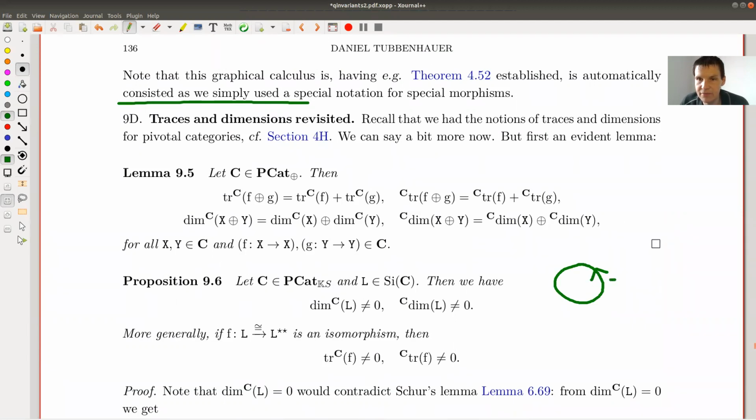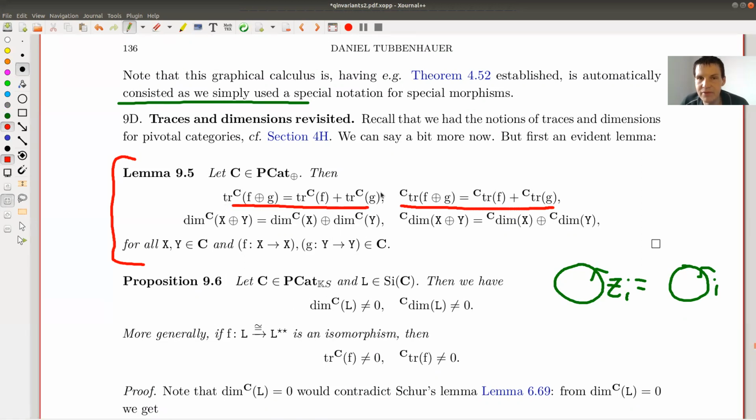And now I'm considering circles labeled CI, which are basically circles labeled I in my notation. I haven't told you about traces or dimensions in additive categories, but the first thing you would need to write down is a lemma like this. Traces behave additively. Not very surprising.